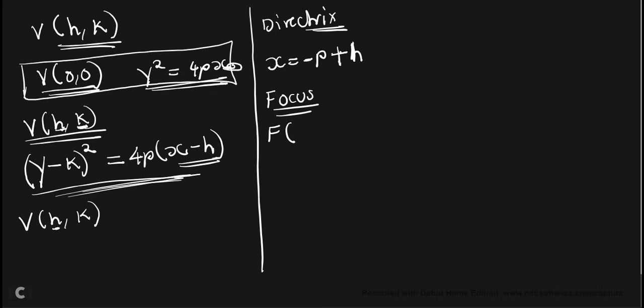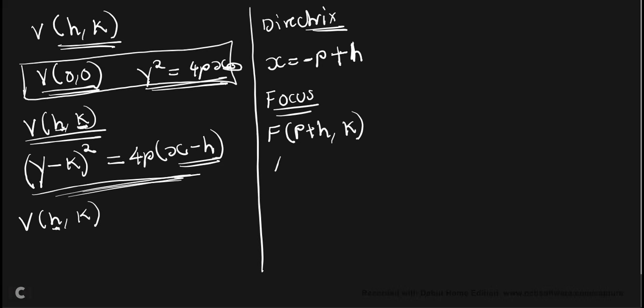So it will be p plus h, then comma k. P is in the x-axis because our directrix is in the x-axis. So those are the main things we consider.